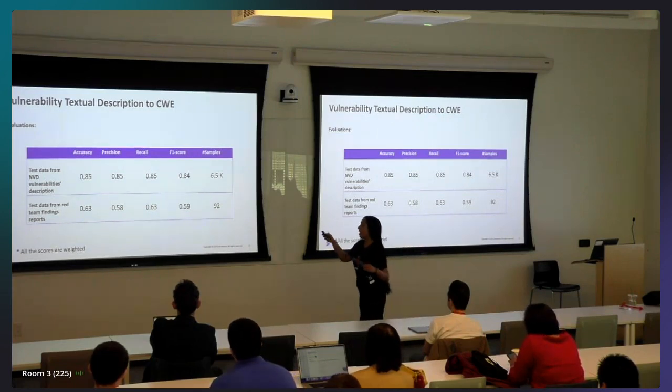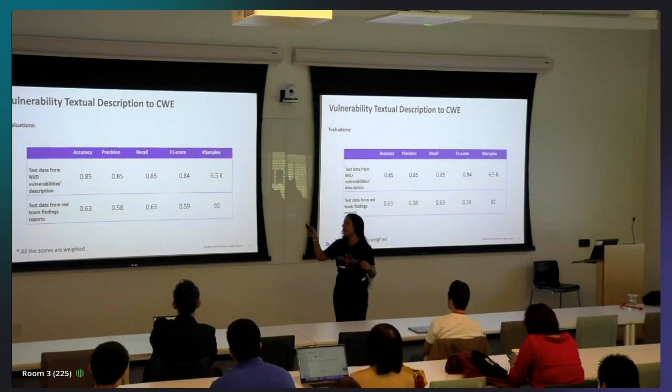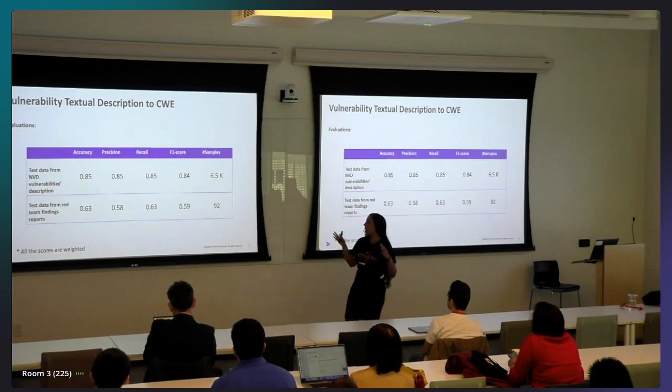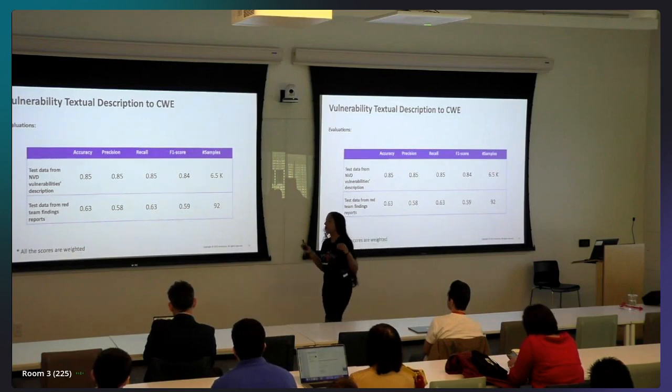Instead of the data in NVD, which is publicly available and reviewed, here you have really free text that no one even validated. And look how valid our result is. We have around 60% F1 score.